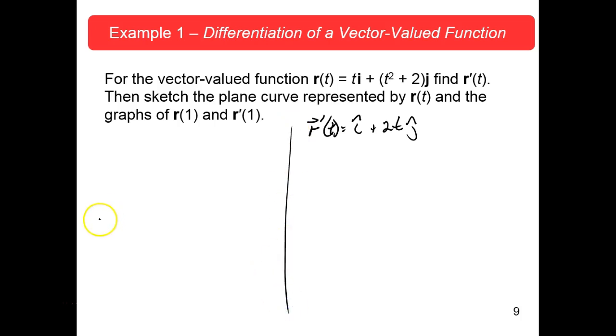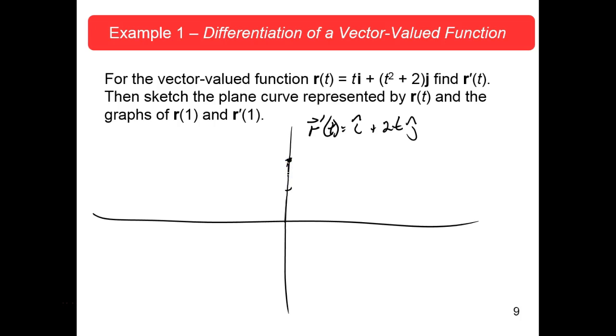Okay, in 2 dimensions here. Let's start with r of 0 and plot it first. What would it be? 2j. Exactly, 0i plus 2j. It would be right there. Your r vector would be from the origin to there.